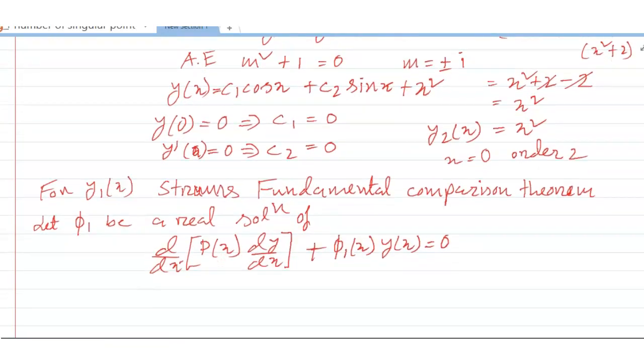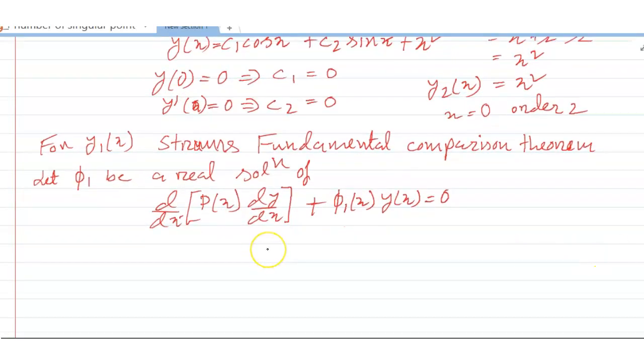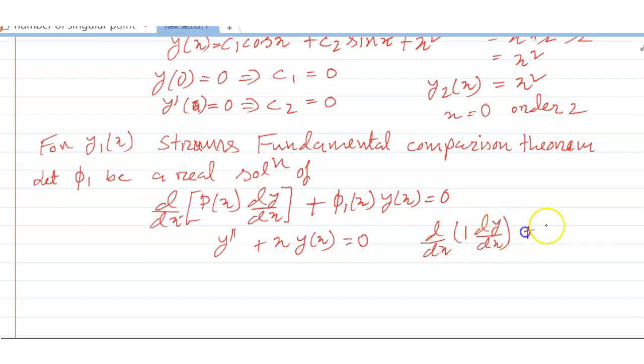So friends, here I can write y'' plus x y(x) equals 0. Whatever you see, d/dx of (1 times dy/dx) plus x times y(x) equals 0.